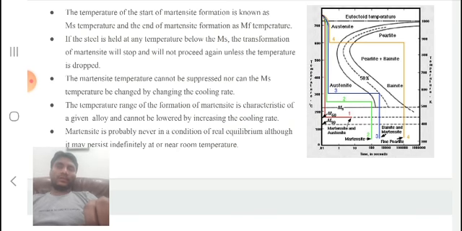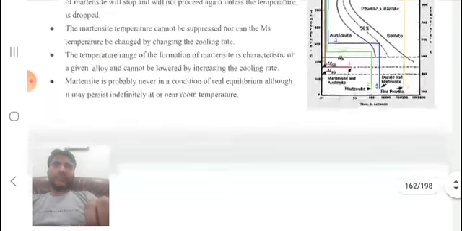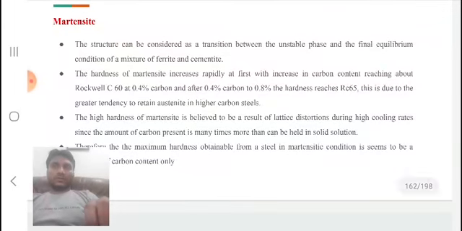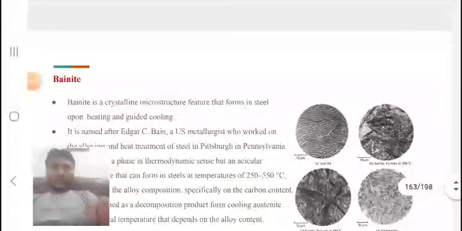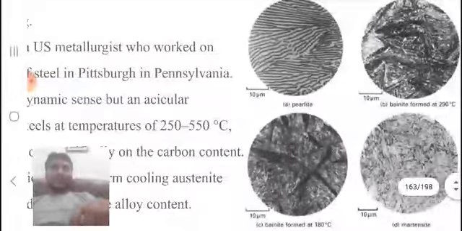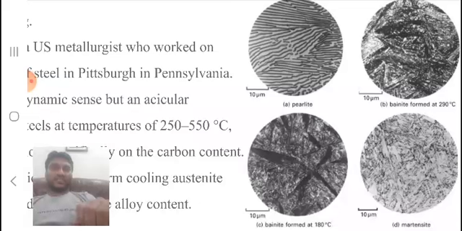This is the basic idea behind the formation. Therefore I always show you this picture because this is the main one. In this we can clearly understand pearlite, bainite and martensite.